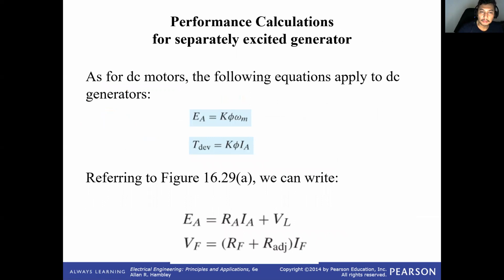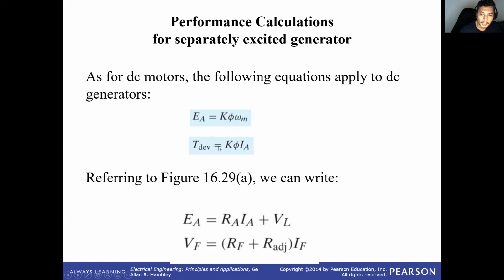Performance calculations for the separately excited DC generator. As for the DC motor, the following equations can also be applied to the DC generator. We already obtained these: the voltage induced, which is the back EMF, and the torque developed by the machine.